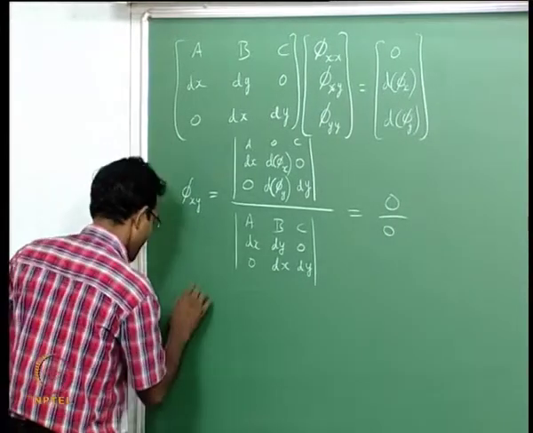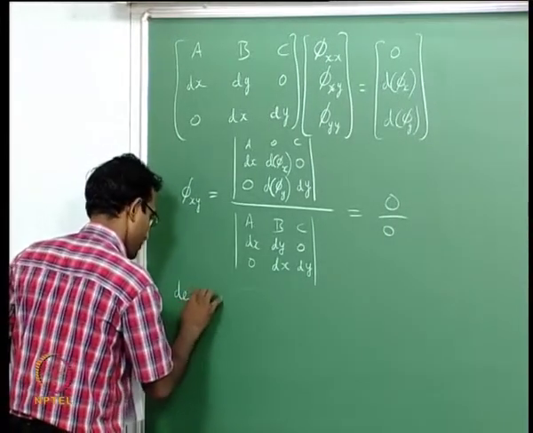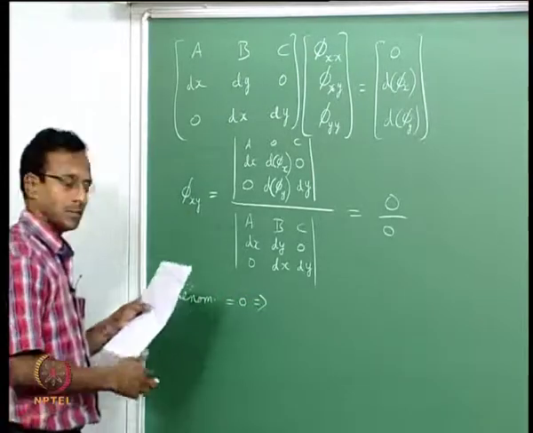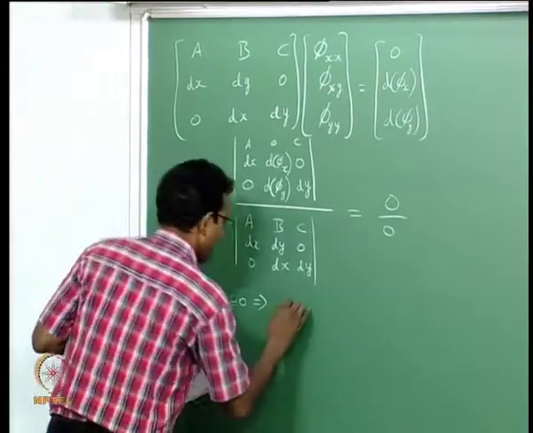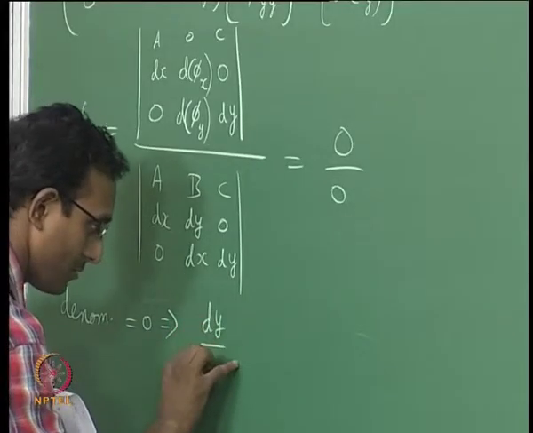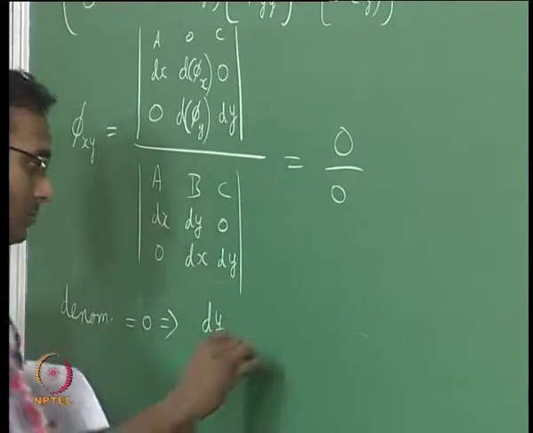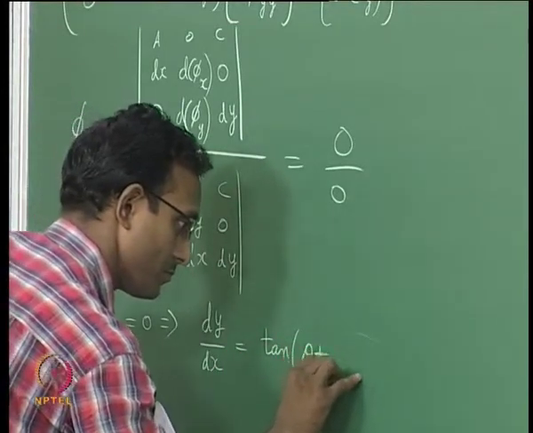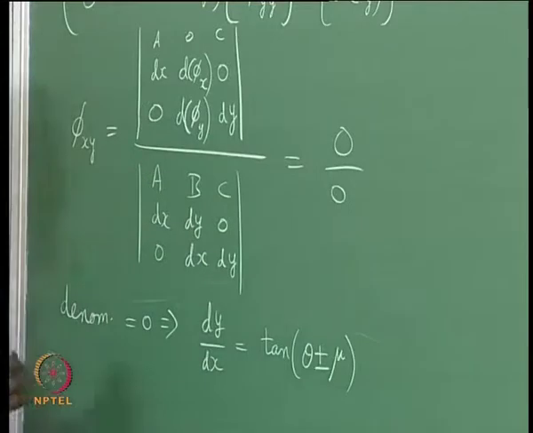We did this and said when the denominator equals 0, this corresponds to characteristic directions. We said there are two directions, theta plus mu and theta minus mu, for which this will happen. This is what was done up to last class.